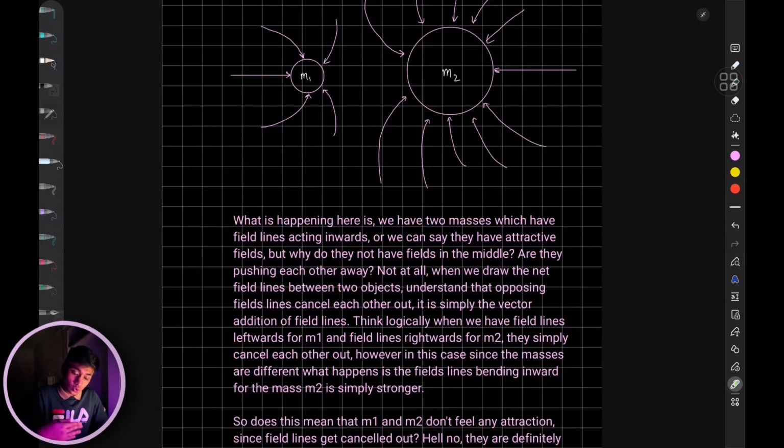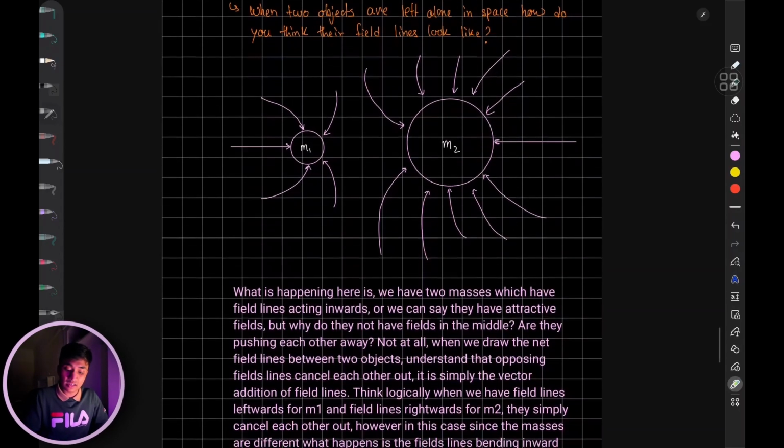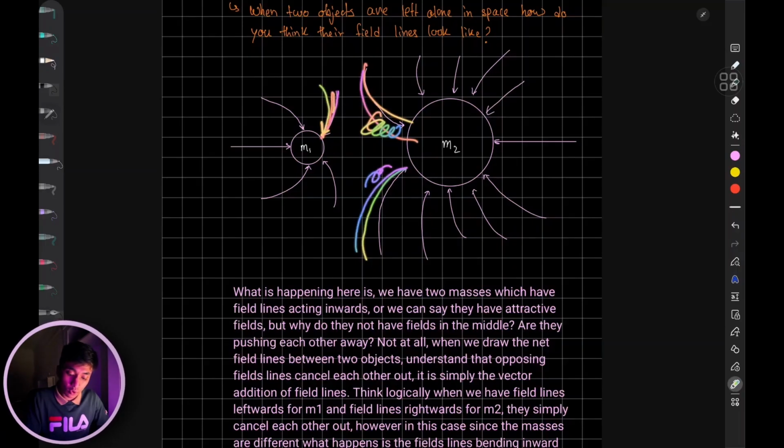However, what you will notice, this is not an exhaustive diagram. There are more field lines, of course. But my point is, do you notice that these field lines are more inwards? They are taking more of this path, while this m1 field line is more away, more away, more away, while this field line for m2 is more inward, more inward.